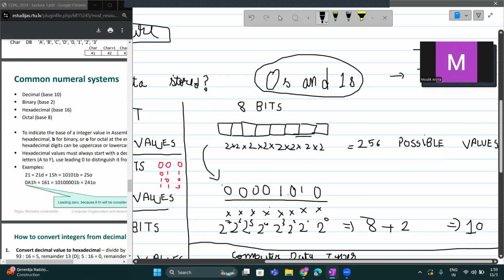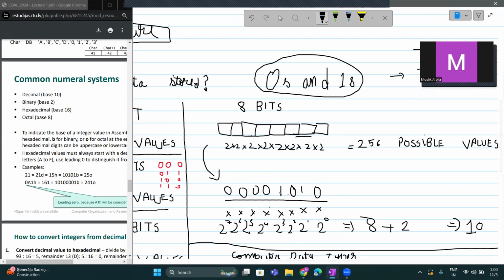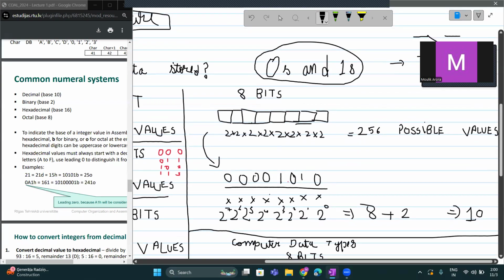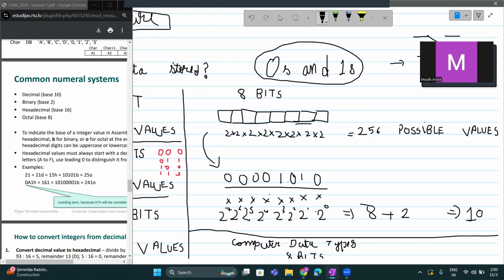But what does this mean? We can't tell off the top of our heads what this binary value means. So what we do is, since in binary only ones and zeros are possible, we give powers from left to right: 2 power 0, 2 power 1, 2 power 2, 3, 4, 5, 6, 7, and we use the digits as coefficients.